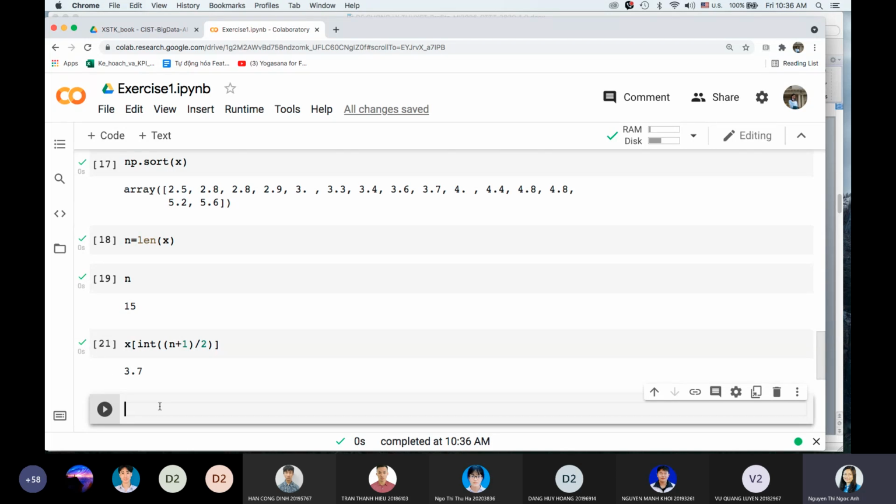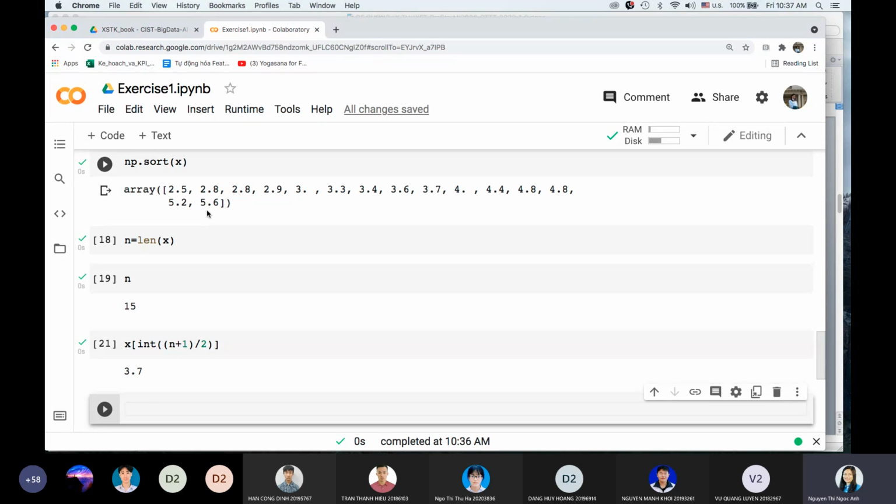Now we trim 10%. It means that maybe we remove 2.5 and 2.8 as the smallest, and remove 5.2 and 5.6.